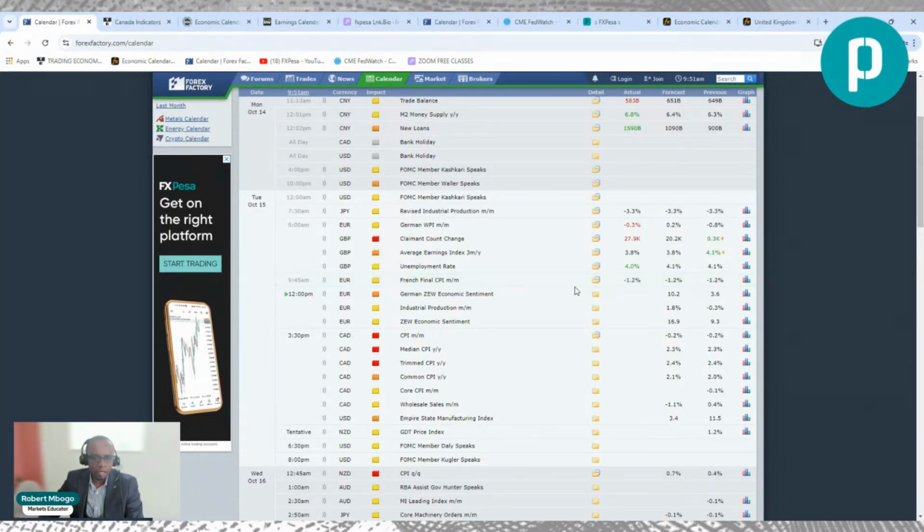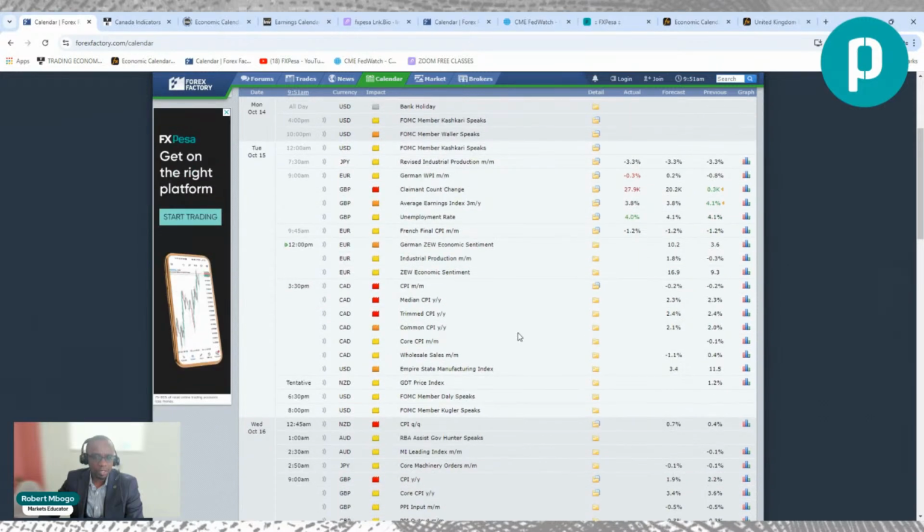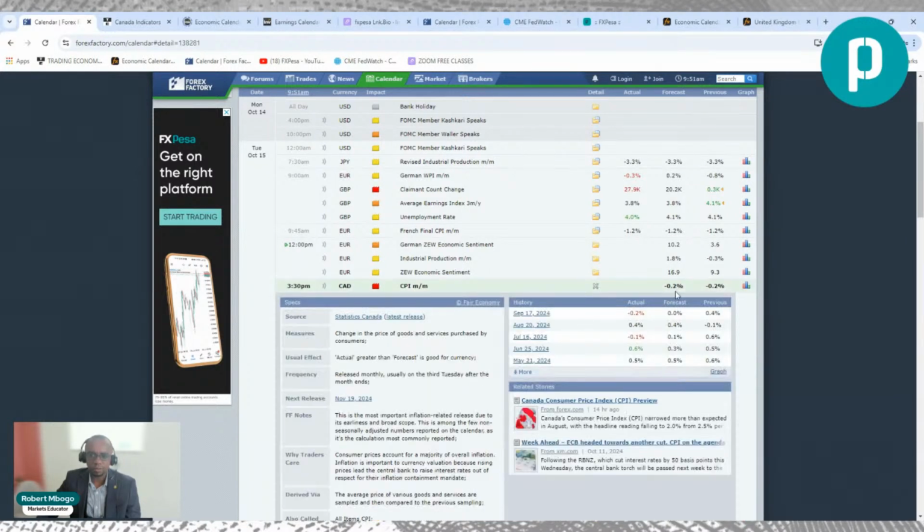So now what we're interested in is the Canadian dollar. Later, we'll be having a look at the CPI. Month on month, traders don't expect much change, because if you look at the forecast and then the previous, the previous was negative 0.2%. So the expectation traders have is that this number will not change. They are expecting it to be at negative 0.2%.